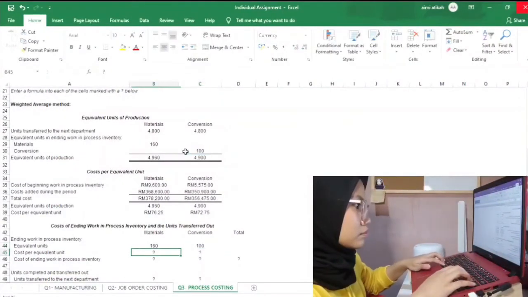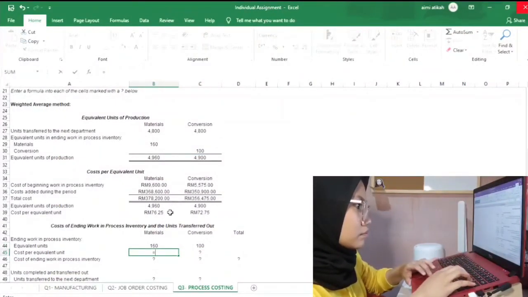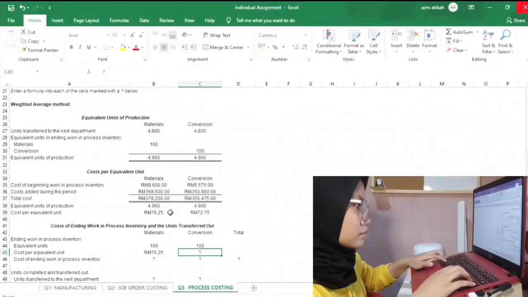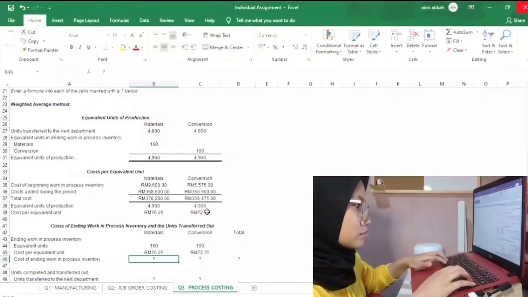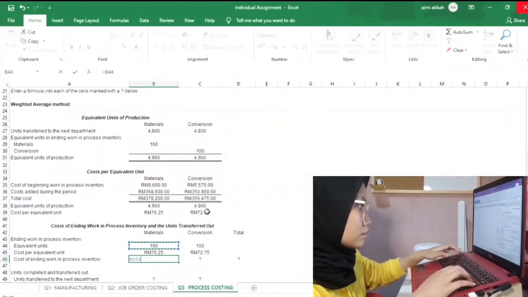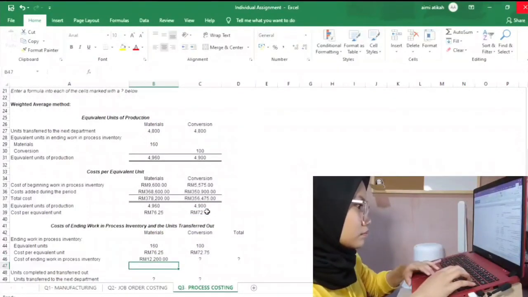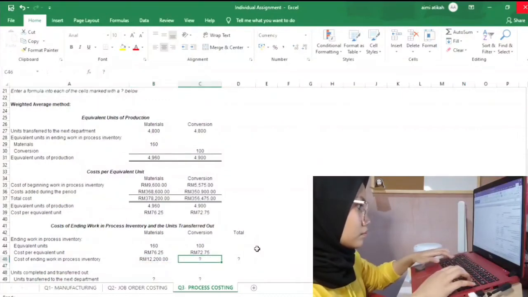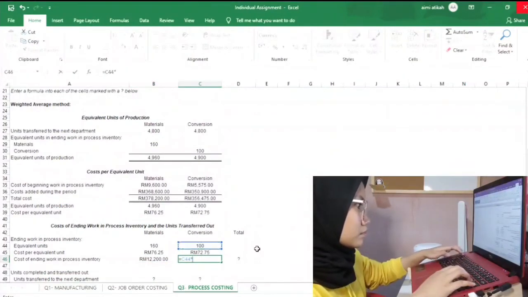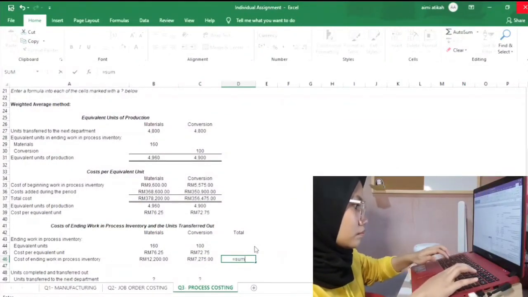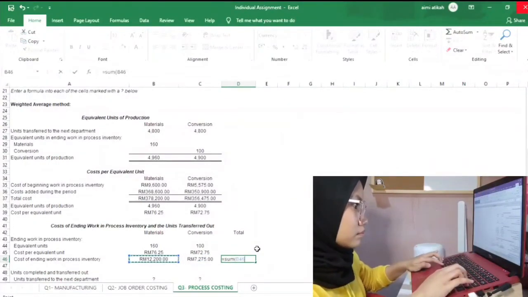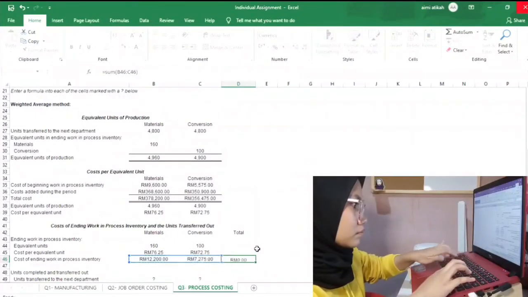Cost per equivalent unit for materials and for conversion. Cost of ending work in process inventory, I will take equivalent units times cost per equivalent unit and do the same for conversion, and then I will sum both costs of ending work in process inventory for materials and conversion.